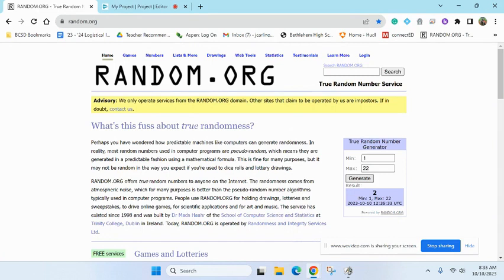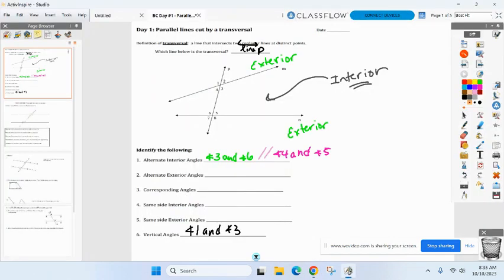Bailey, what do you think? 2 and 7. 2 and 7 work for me. And there's another pair, which are 1 and 8. Yep.